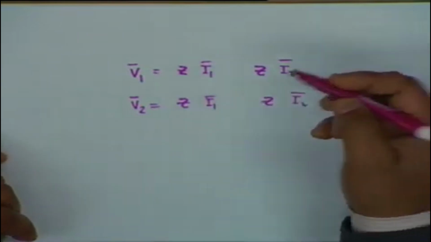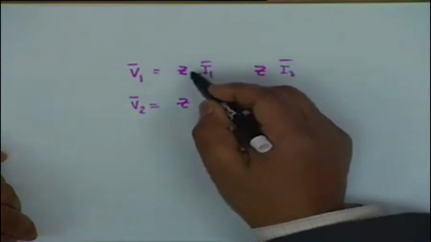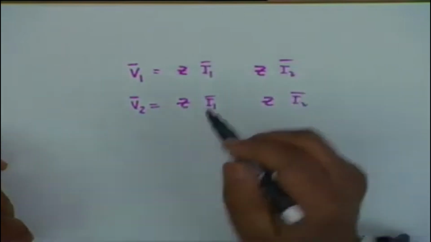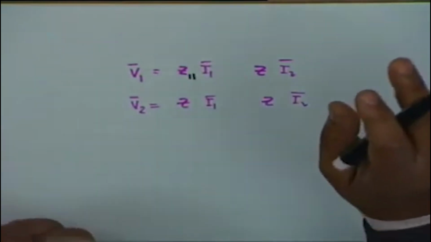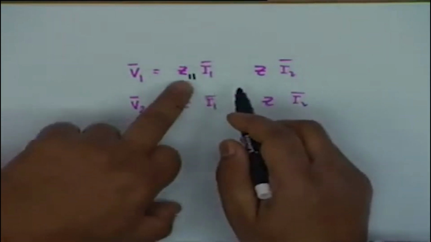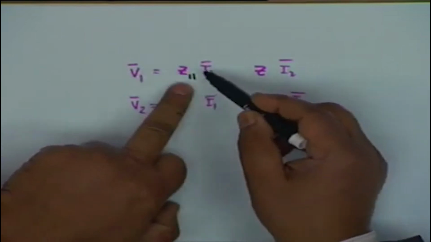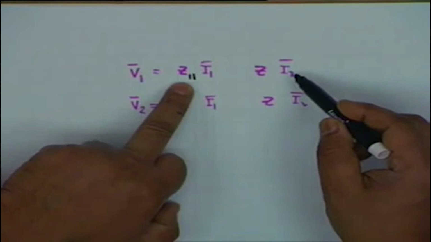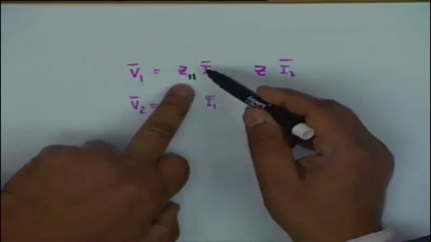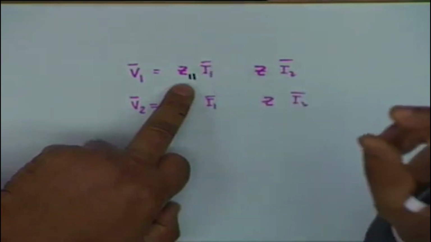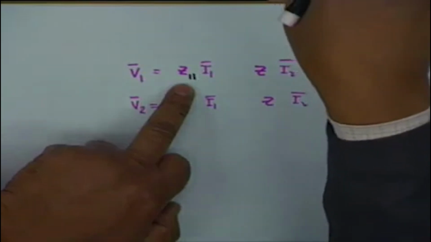All right. Now what shall we call this Z, for example? Well, we call this Z11, and the reason is the following. What is Z11? It is V1 divided by I1 with I2 equal to 0. Now V1 by I1 means that you are measuring the response at the same port as the excitation.